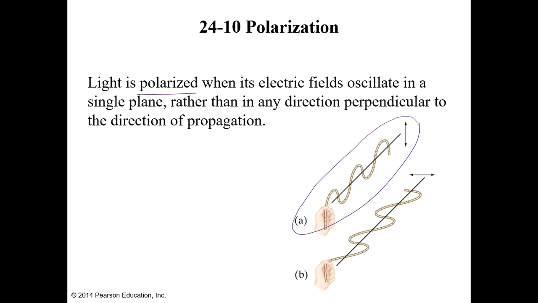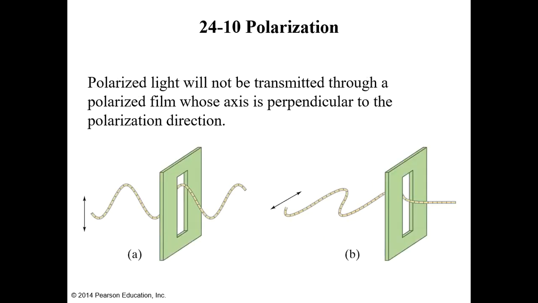Now, there's some fun things that we can do with polarization. I want you to consider this light as if it were a wave in a rope. You have this wave in a rope, and currently it's vertically polarized, meaning the electric fields are just oscillating vertically up and down.